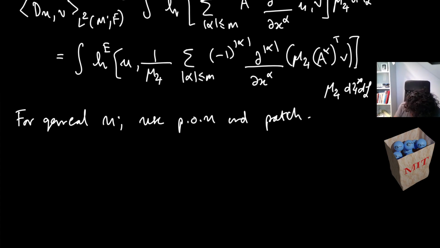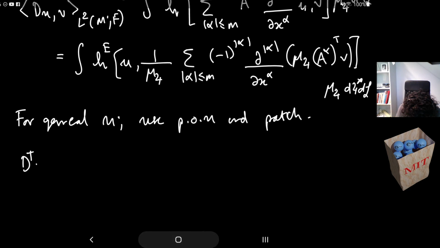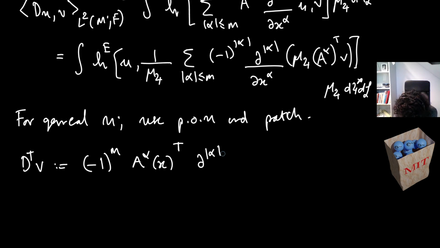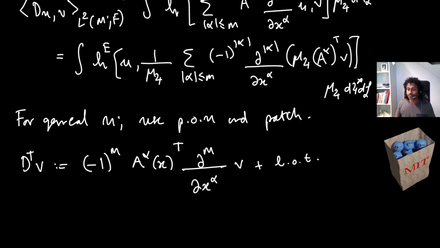So from that we calculate what this V is. So this is going to be inside this frame, so inside this orthonormal frame, we calculate this to be equal to the transpose dm of dx^α v plus, now we get lower order terms.